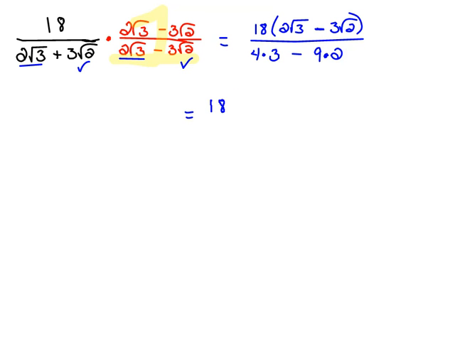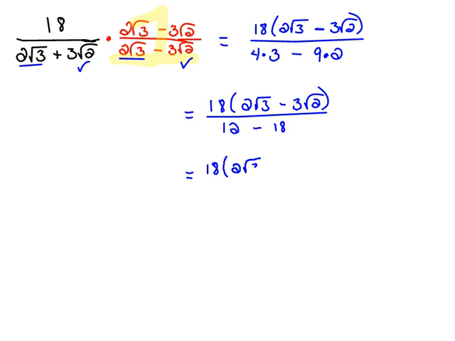Here we have 18 times 2 square roots of 3 minus 3 square roots of 2 over, this would be 12 minus 18, and we still have to keep simplifying. So we have 18 times 2 square roots of 3 minus 3 square roots of 2 over, this would be a negative 6.